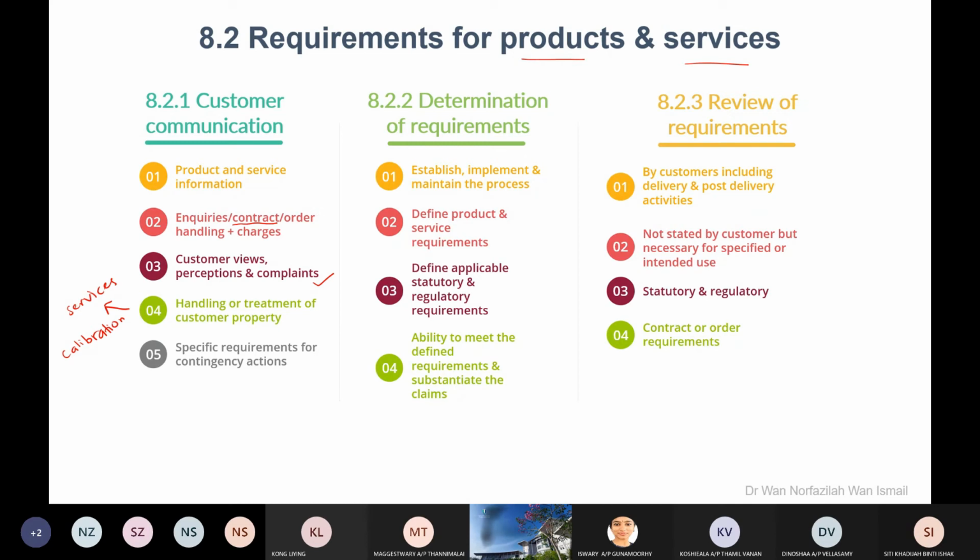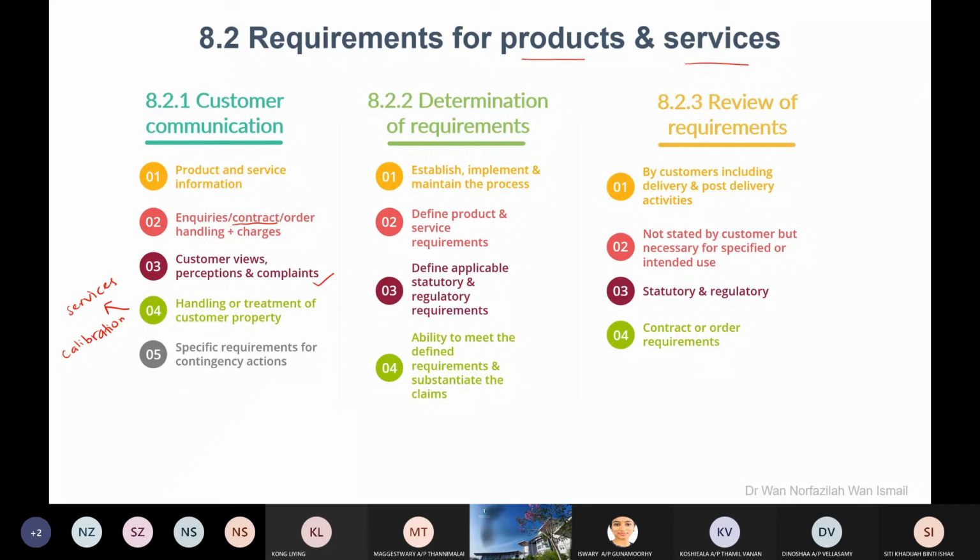There are industries that do their own calibration. There are industries that do not have the expertise to do calibration, so they will send their equipment to a calibration lab, a calibration services company.